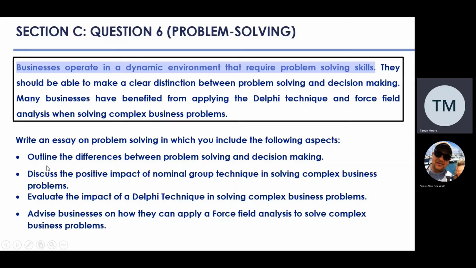You have your cognitive verbs, and the cognitive verbs tell you how you should answer. Firstly, we need to outline the differences between problem solving and decision making. We then need to discuss the positive impact of the nominal group technique in solving complex problems. We then need to evaluate the impact of the DELPHI technique.